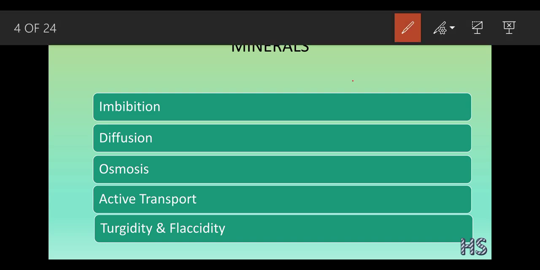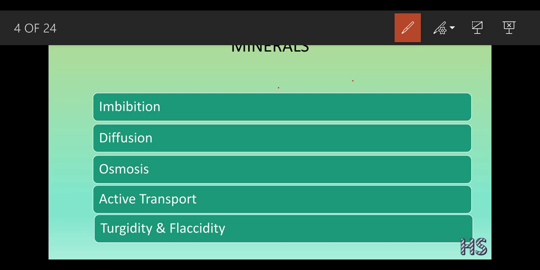Okay, so students, if you can see, there is a lot of importance of these terms: absorption and conduction of water and mineral salt. In the previous two slides we have covered why the plant needs water and minerals.